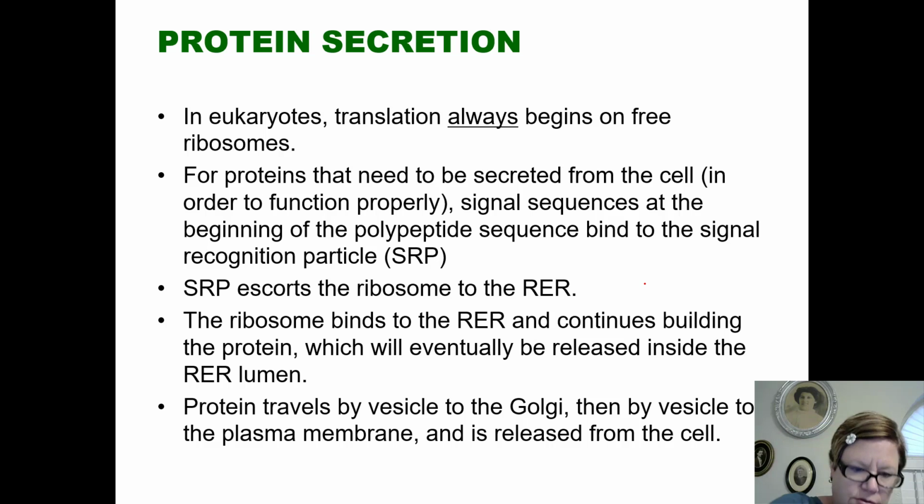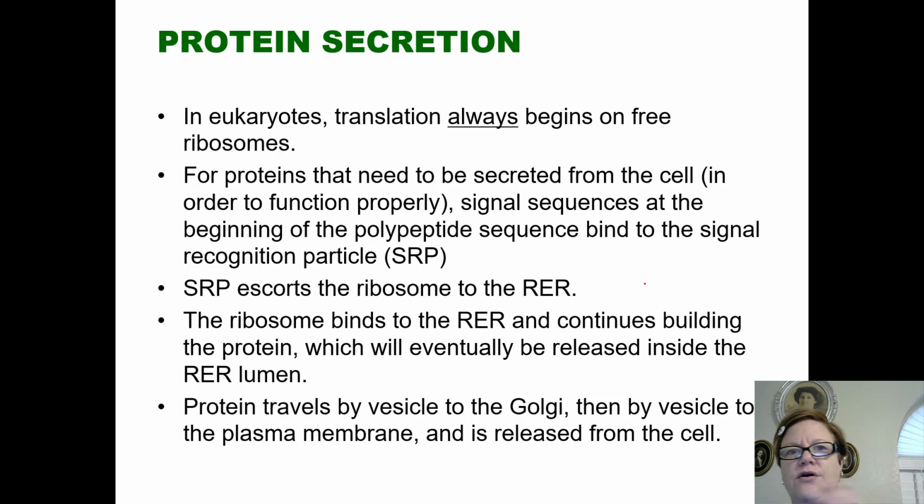The protein will be threaded in through a hole and pushed in as it's being built and released, and it will fold in the rough ER, and then remember, it will go by vesicle to the Golgi, and then it will be modified and sorted, and then if it's going to be secreted, it will go by vesicle to the plasma membrane and be released.